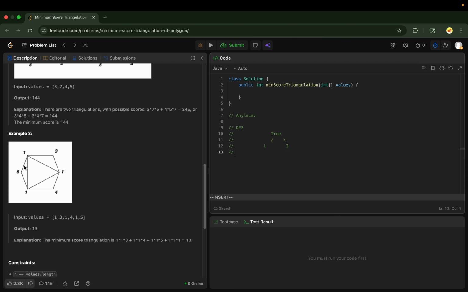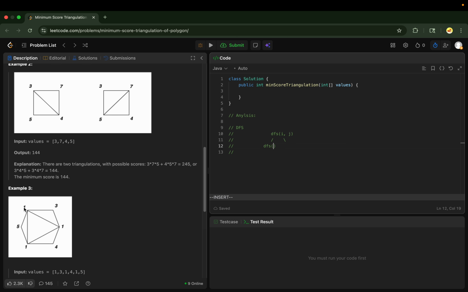We can start from the first one. We pick up this one and do the DFS, the first point, the second point. We pick up the 1 first, and we also pick up the 4. So there is one way to generate the triangle. This one can choose this one, I cannot choose this one.